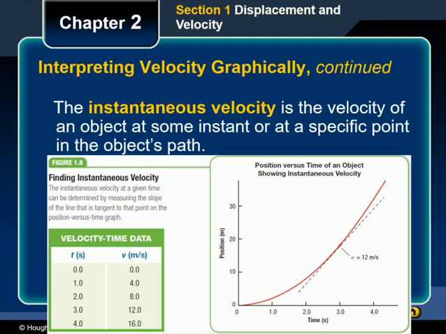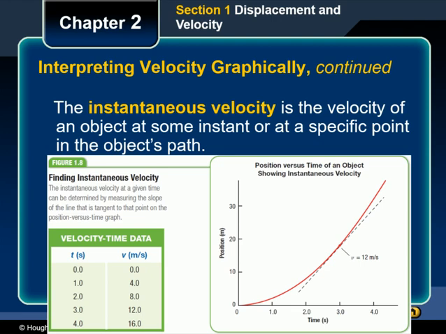However, between t equals 0 seconds and t equals 4.0 seconds, it moves 32 meters, so its average velocity in this time interval is 8.0 meters per second, because average velocity is equal to 32 meters divided by 4.0 seconds. We obtain different average velocities depending on the time interval we choose. But how can we find the velocity at an instant of time?